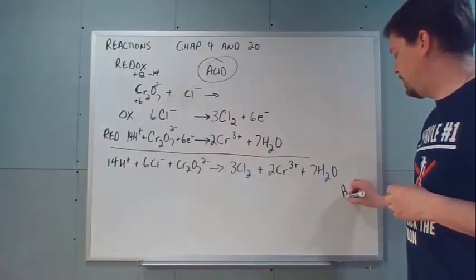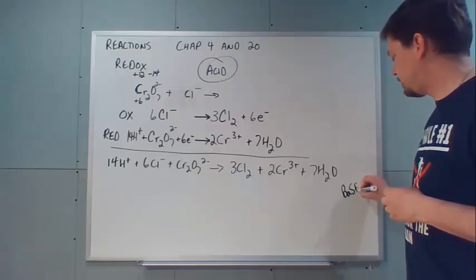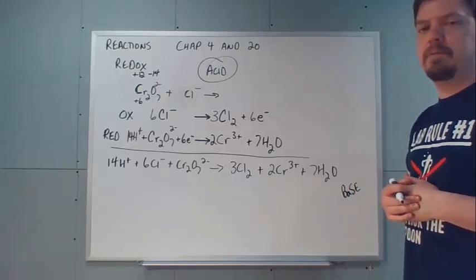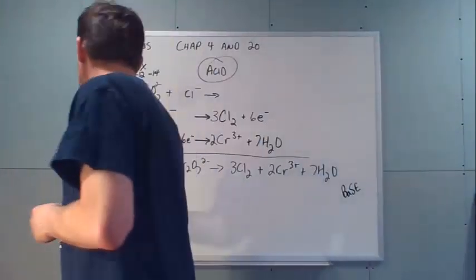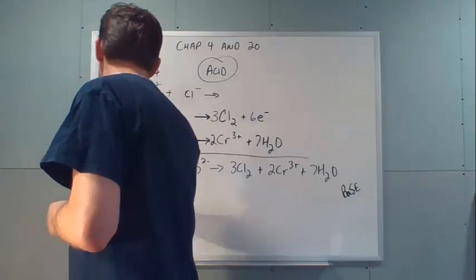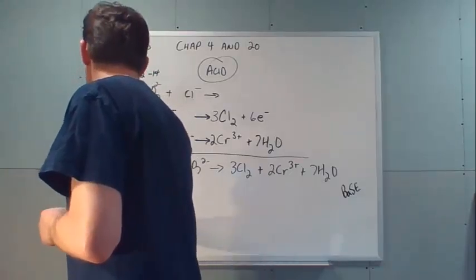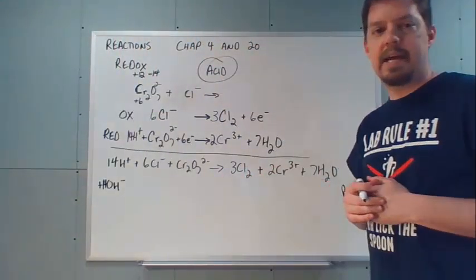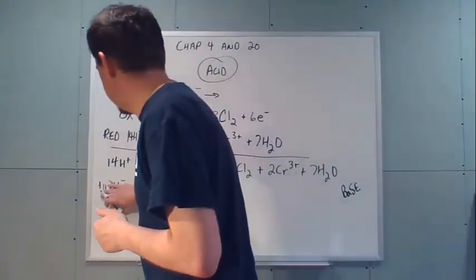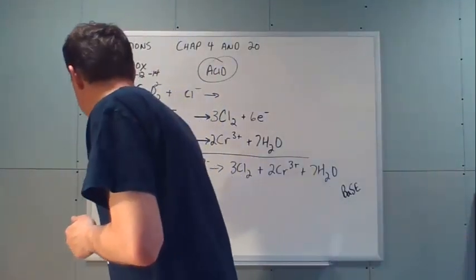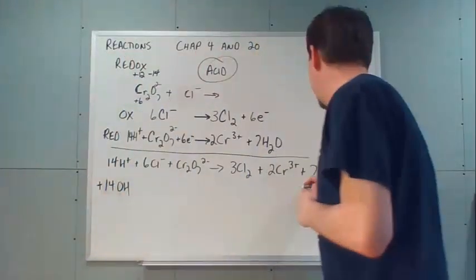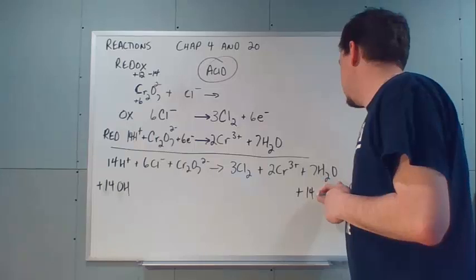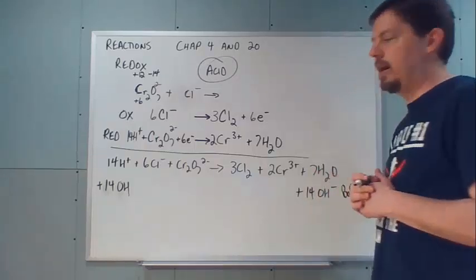So what happens if we put it in the base? Well, if we're going to put it in the base, then we can't have any acid ions in the solution. So all I'm going to do is take my acid out of the solution by adding 14 hydroxides to that side. I know, it looks like HOH. Let me fix that. 14 hydroxides to that side, and I'm going to add 14 hydroxides to this side.